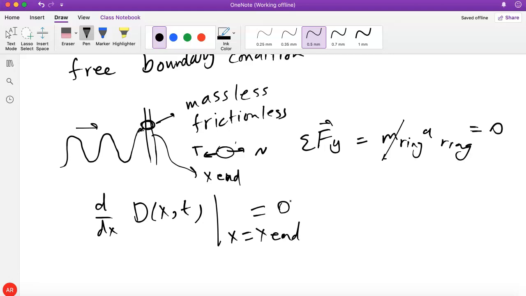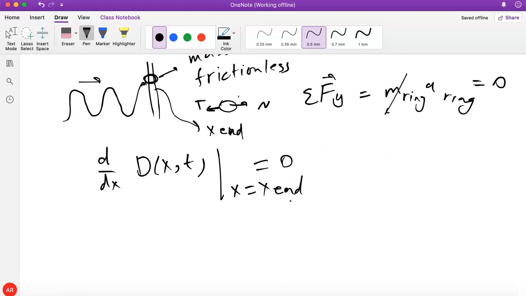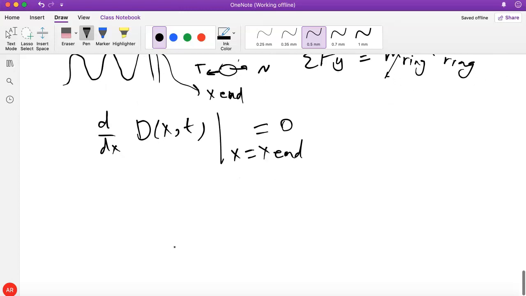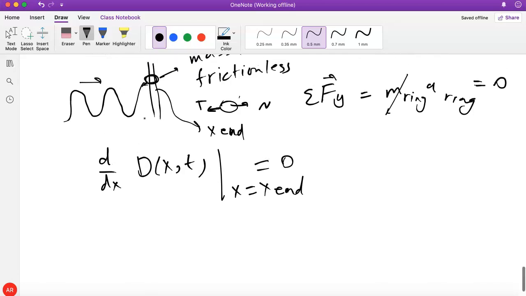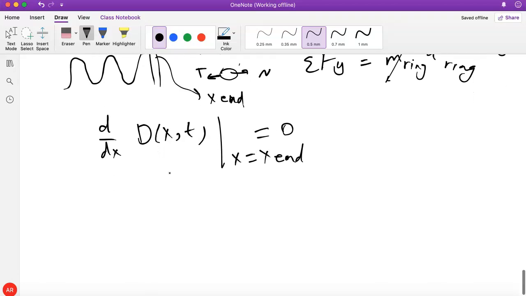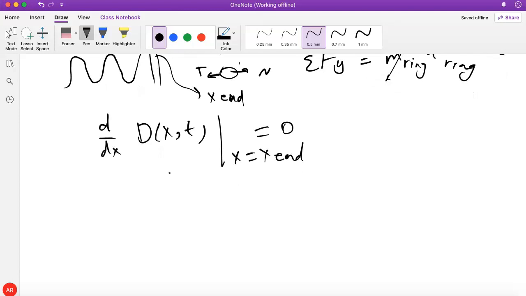And now if you think about the standing wave pattern that emerges from reflection from this rod, that pattern must also satisfy this condition.